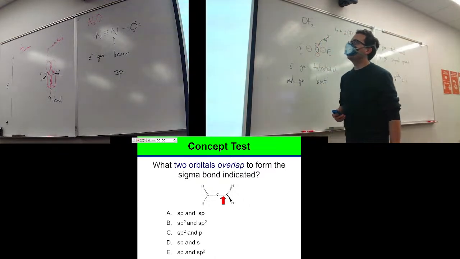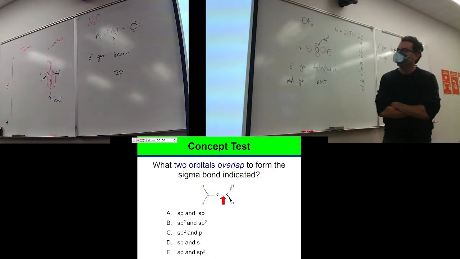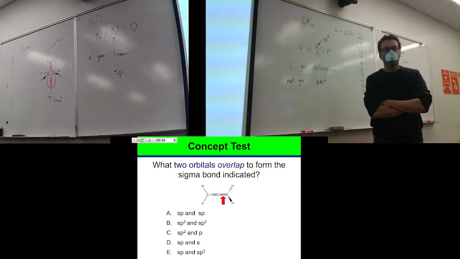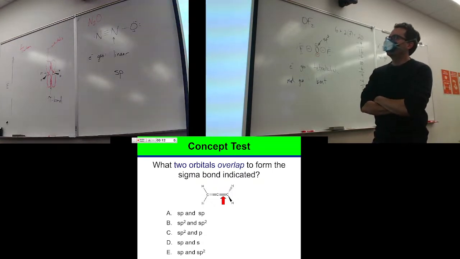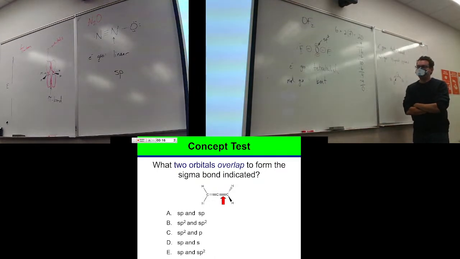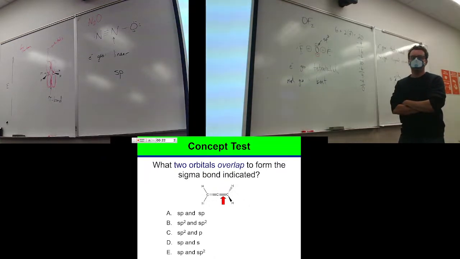So what 2 orbitals are overlapping to make the bond shown by that arrow? What 2 orbitals are overlapping in that double bond there that make a sigma bond? So in that double bond, we're making a sigma bond. What 2 orbitals are overlapping to make a sigma bond?